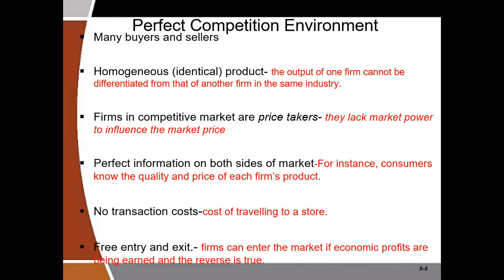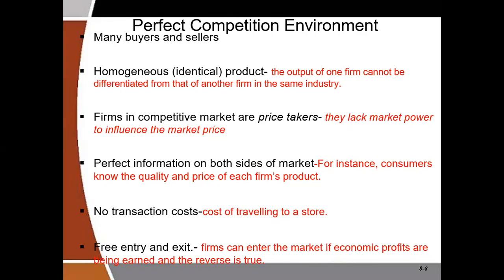Now think about it. If all the buyers in Ghana knew this information, all the buyers will wish that the bottled water is sold for 1 cedi instead of 1 cedi 50 pesewas across Ghana, all right? And it will force the price back to 1 cedi, and the sellers cannot do anything about it. So in a situation where consumers know everything about the price of a product and about the quality of the product, a single firm cannot alter the price.